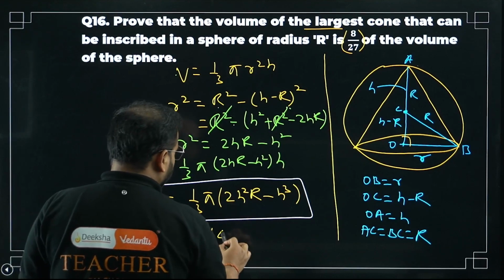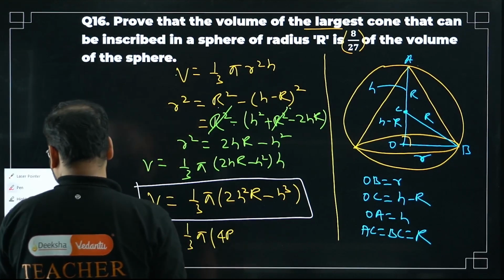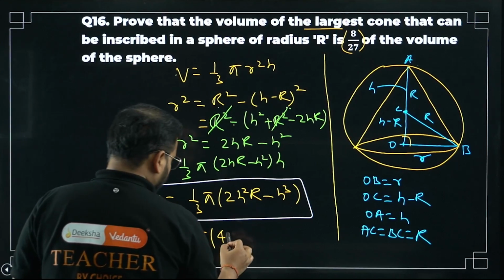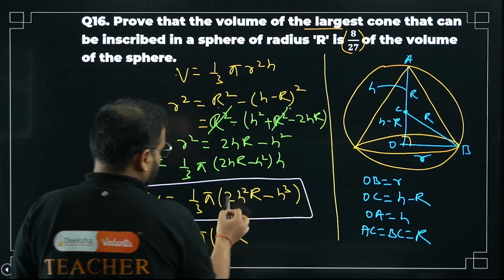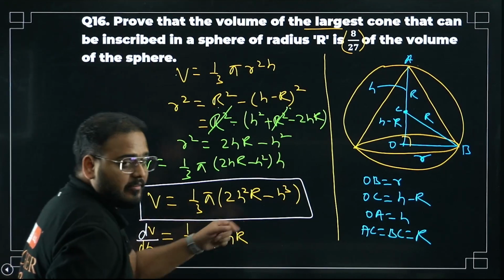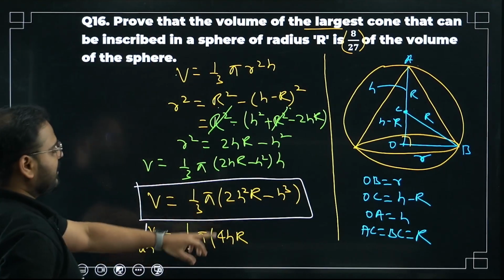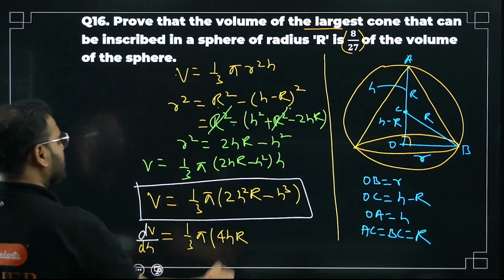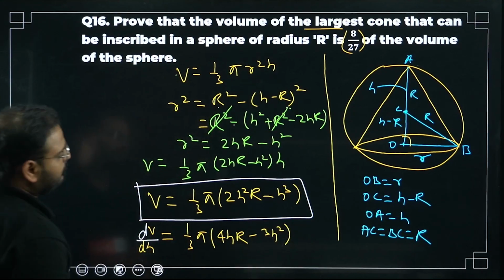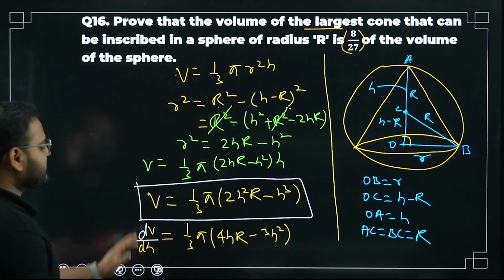I get 4hR. How come? 2 will multiply in the coefficient, so 2h square will become 4h. If you take the derivative of h square, it will become 2h. So 4hR, R is a constant, minus 3h square is my first derivative.